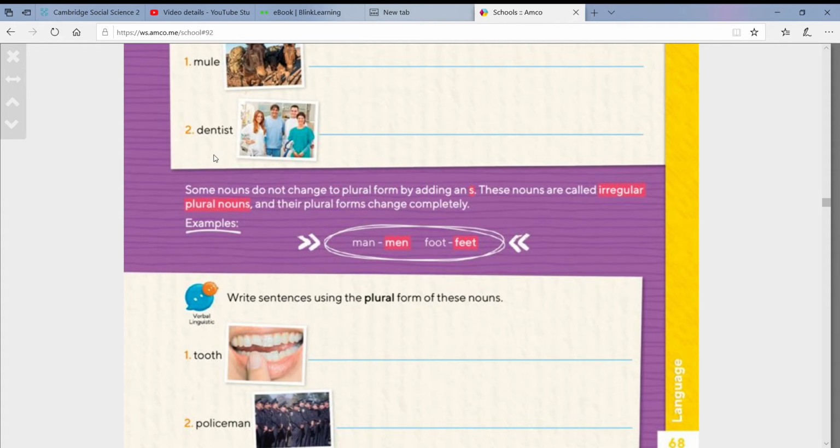Let's have a look. Examples. We have one man, but 2 men. 1 foot, 2 feet.